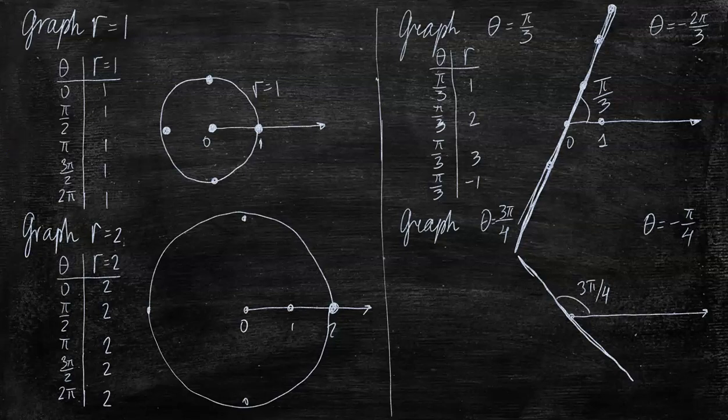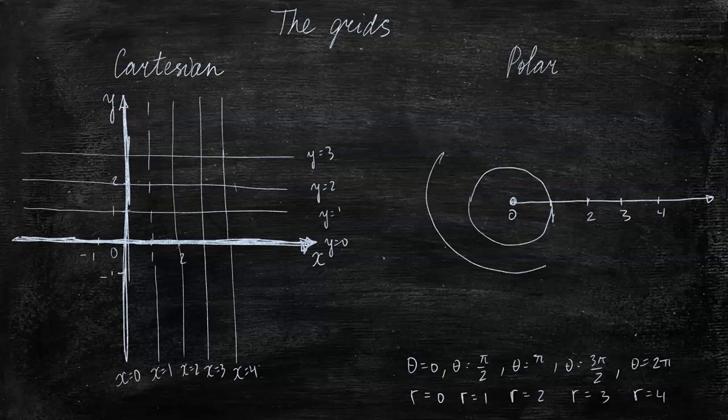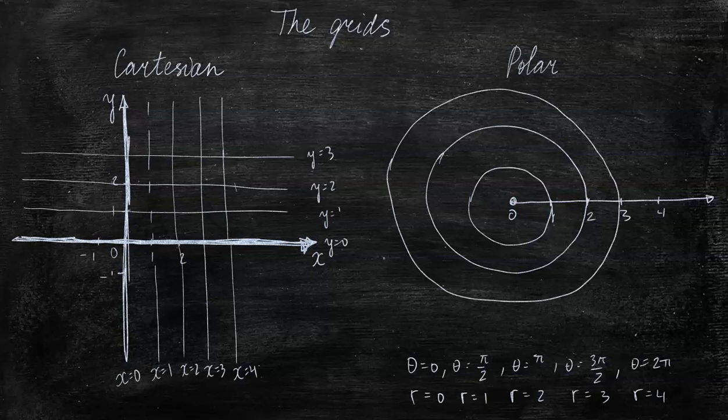So going back over here, what would the grid in the polar coordinate system look like? Well, it's going to be a collection of circles of different radii. So a circle of radius 1, a circle of radius 2. This is not the best grid, but a circle of radius 3, and so on, mixed with a collection of lines for different angles.